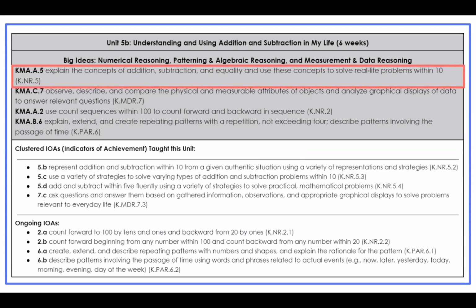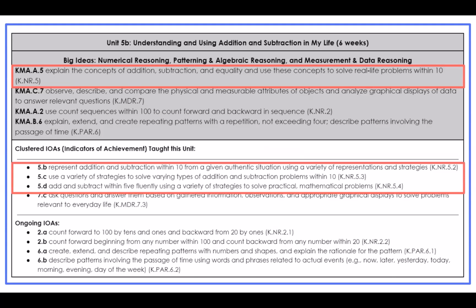The majority of Unit 5B is work with AKS 5, specifically IOA 5.B and 5.C. AKS 5 is our AKS which addresses students explaining the concepts of addition, subtraction, and equality to solve real-life problems within 10.